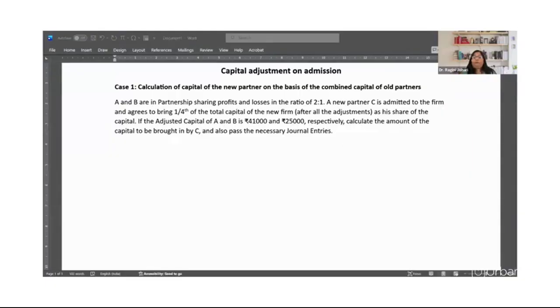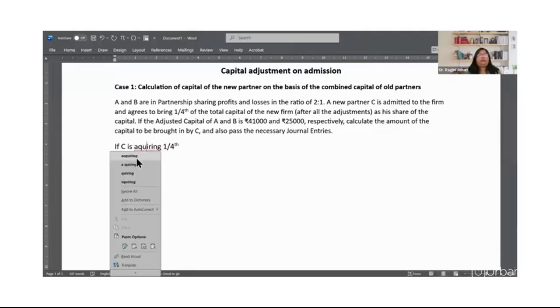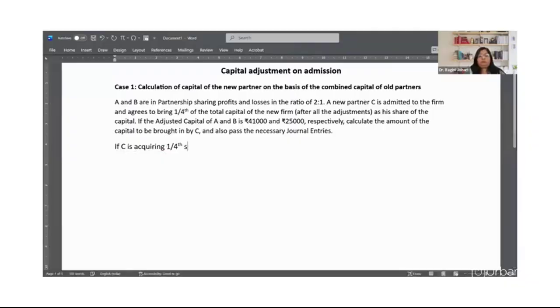Let's do the calculation here. C is acquiring 1/4 share in profit.